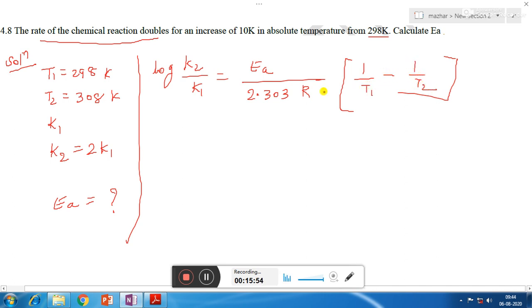So here you have to remember, in the log, when we are taking the rate constant, it will be K2 upon K1, so that is 2 upon 1, while in case of the square bracket it will be 1 upon T1 minus 1 upon T2. So in case of rate constant we have to take first 2 then 1, while in case of temperature we have to take first 1 then 2.